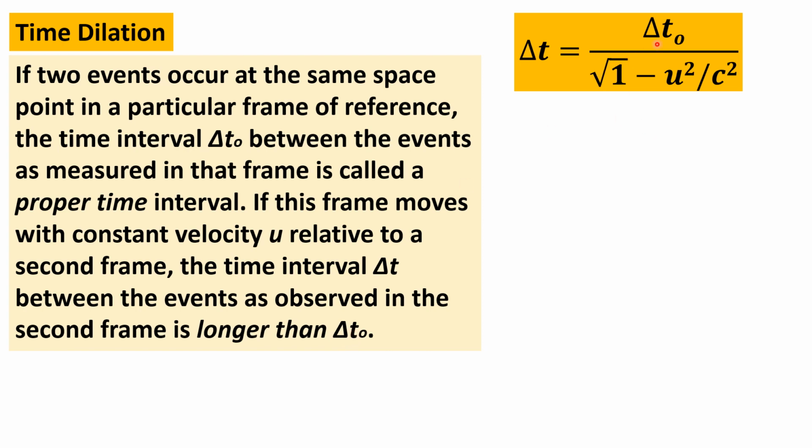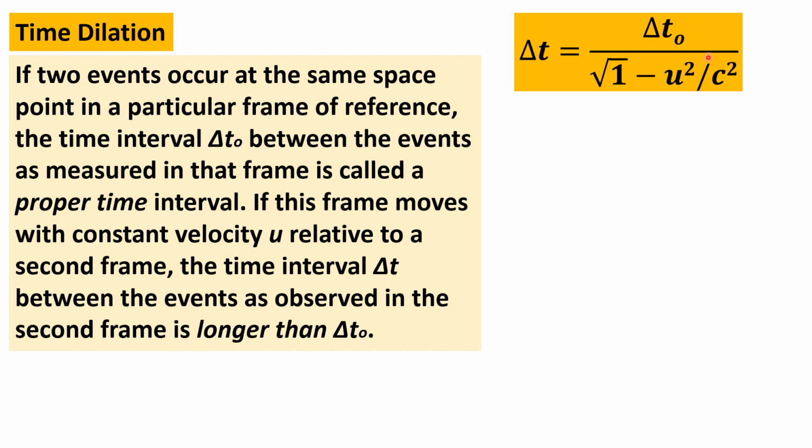So in the formula, the time dilation, or the time that is dilated or lengthened, is denoted by delta t, while delta t naught is what we call the proper time interval. Letter u stands for the constant velocity of the moving frame, moving relative to the second frame. Of course, c is the speed of light.